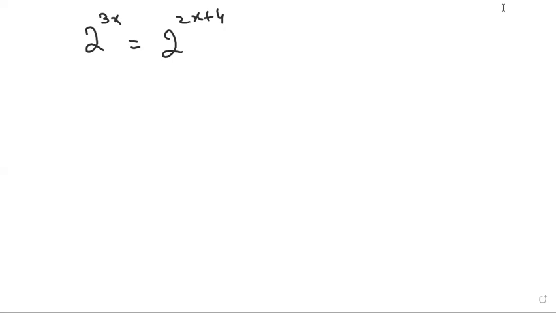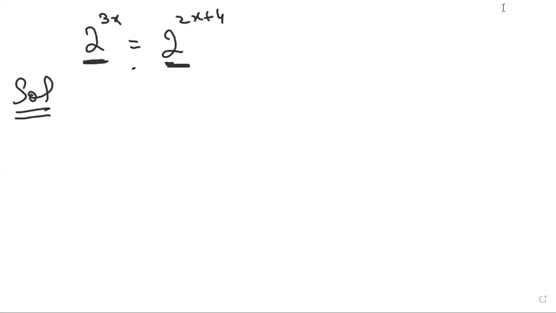But I can see both the bases are the same, this 2 and this 2. Whenever there's an equality sign and the bases on the right and left sides are the same, in this case 2, I can ignore the bases.